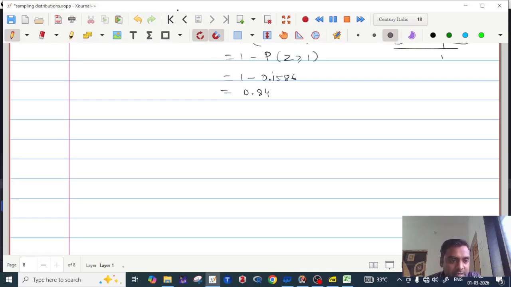Let's see some more examples. Let's solve one example of computation of probability. Let Y follow chi square 16.